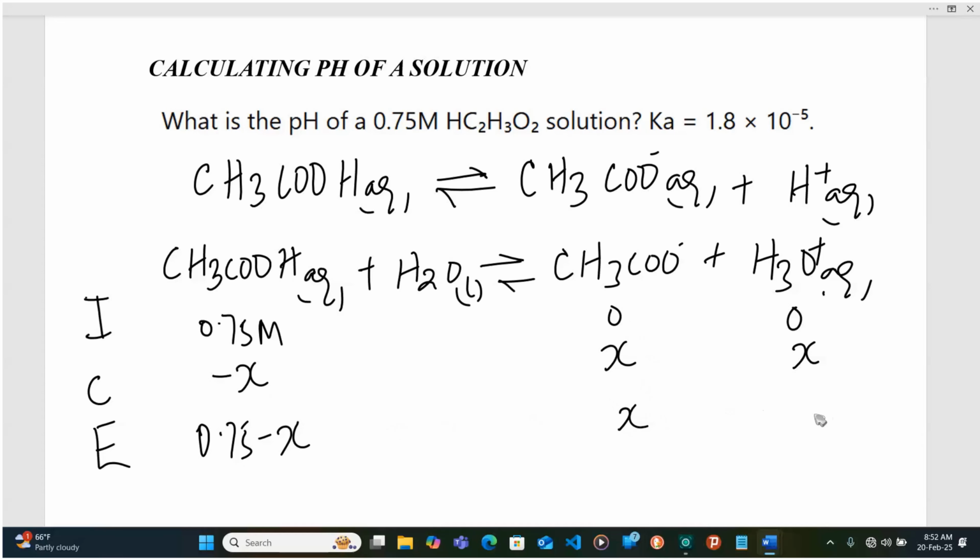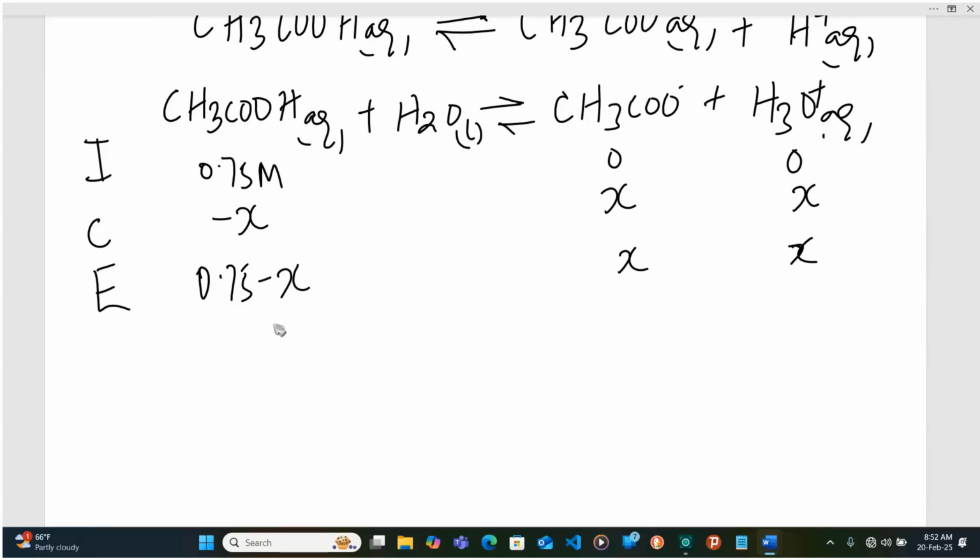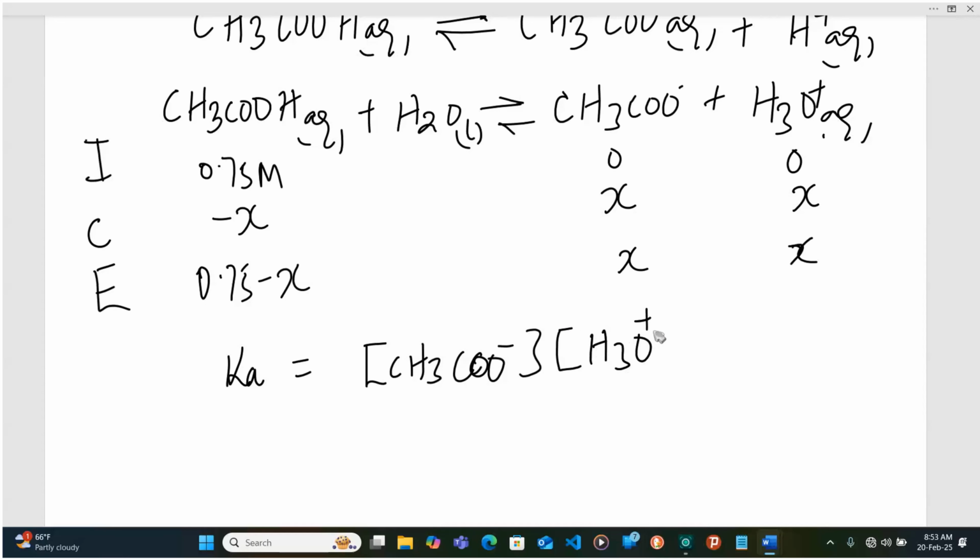This is X. So we have to write down the acid dissociation constant Ka, which is going to be the concentration of the products, that is the concentration of ethanoate ions times the concentration of hydronium ions divided by the concentration of ethanoic acid.